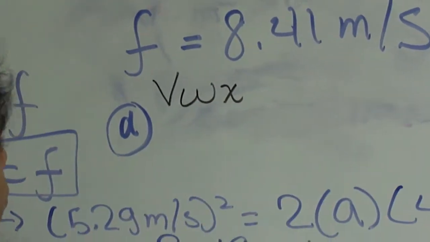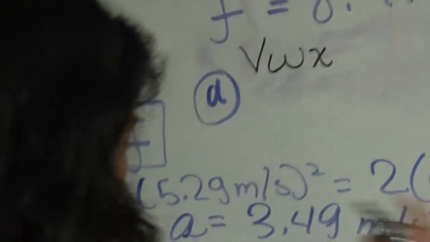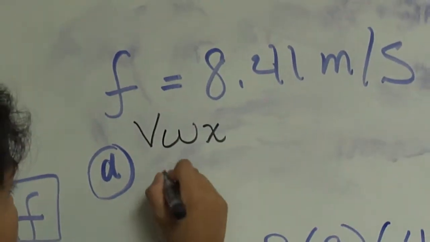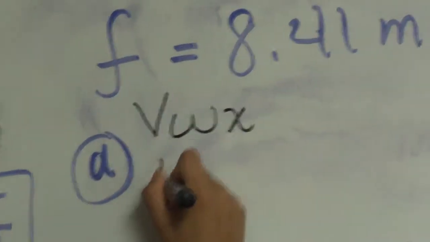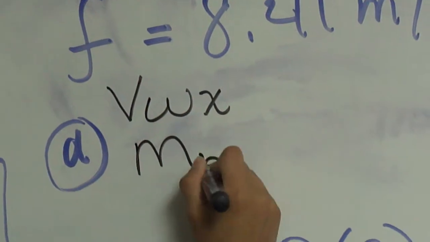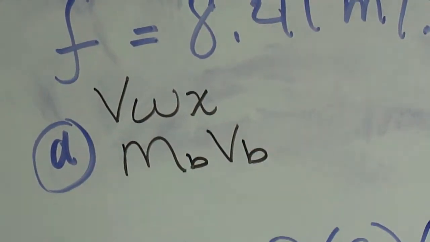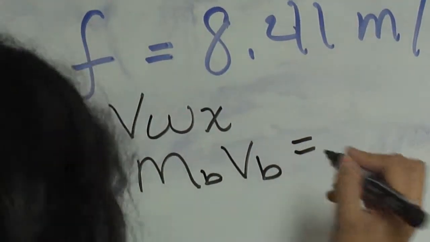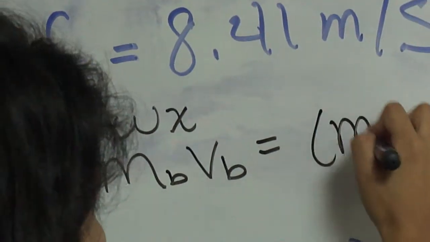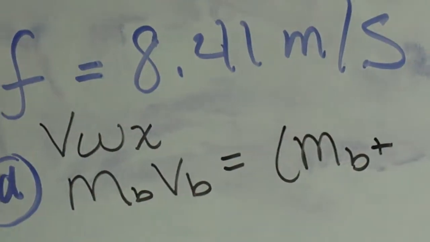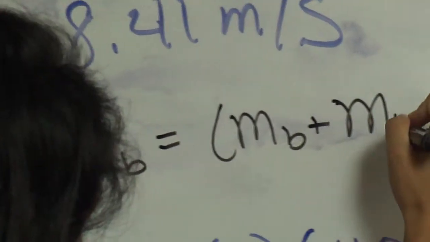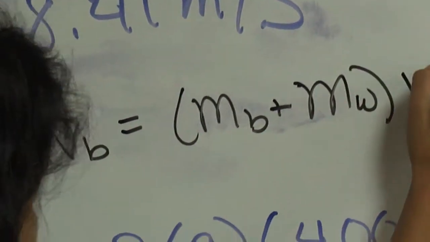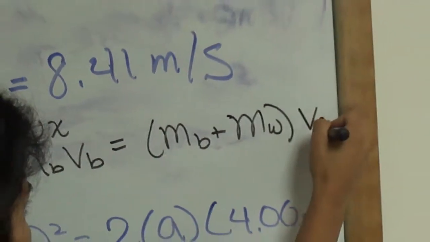And we can simply use linear momentum. Momentum is always conserved. So we have the mass of the ball and the velocity of the ball, which is what we had initially, is equal to the mass of the ball plus the mass of the wagon, which we'll just call MW, times V final.